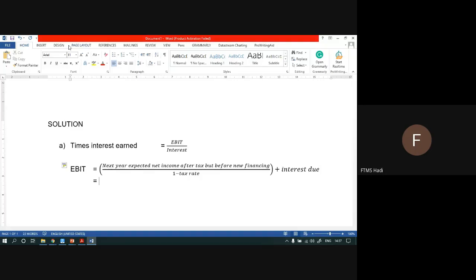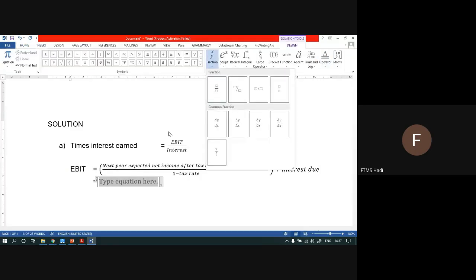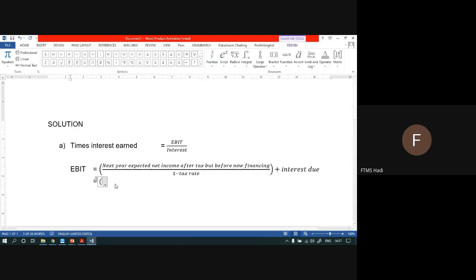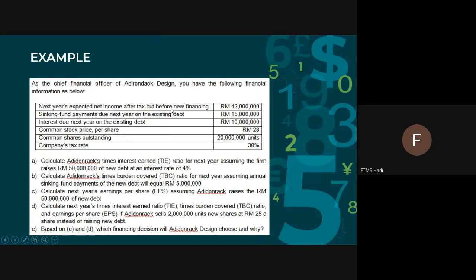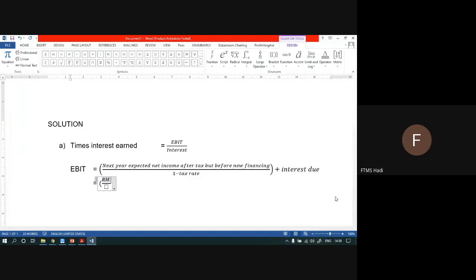All right, so where do we get that info? Next year's expected net income after tax but before new financing, please refer to the first info, this one, which is 42 million ringgit. And then 1 minus tax rate.